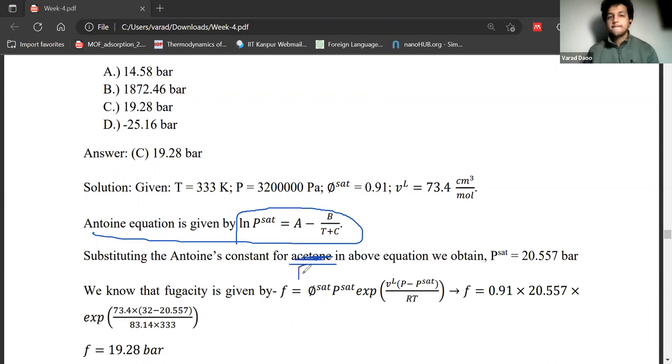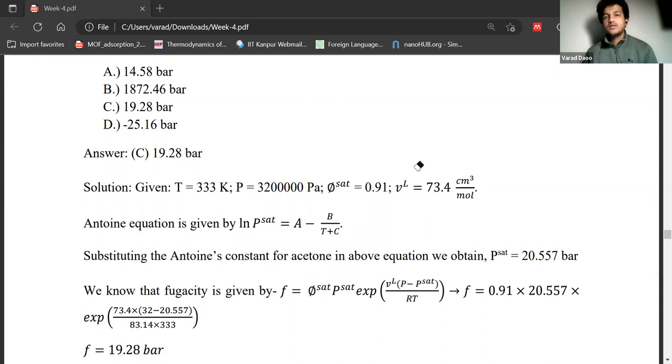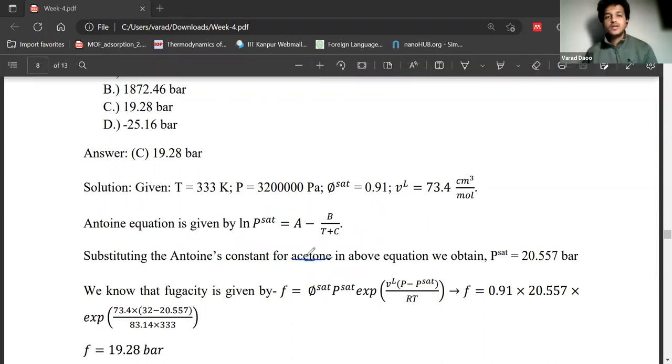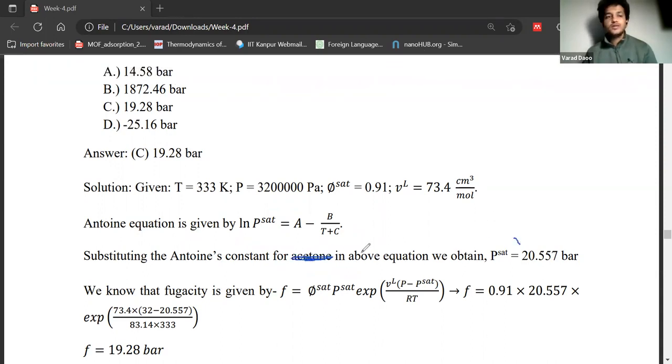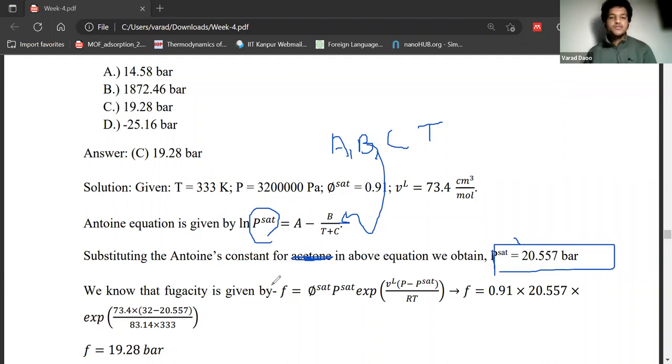It is basically a single component system. So this is the Antoine expression. We are given A, B, C, and temperature. We put them in, and after simplifying, we get P sat as 20.577 bar.